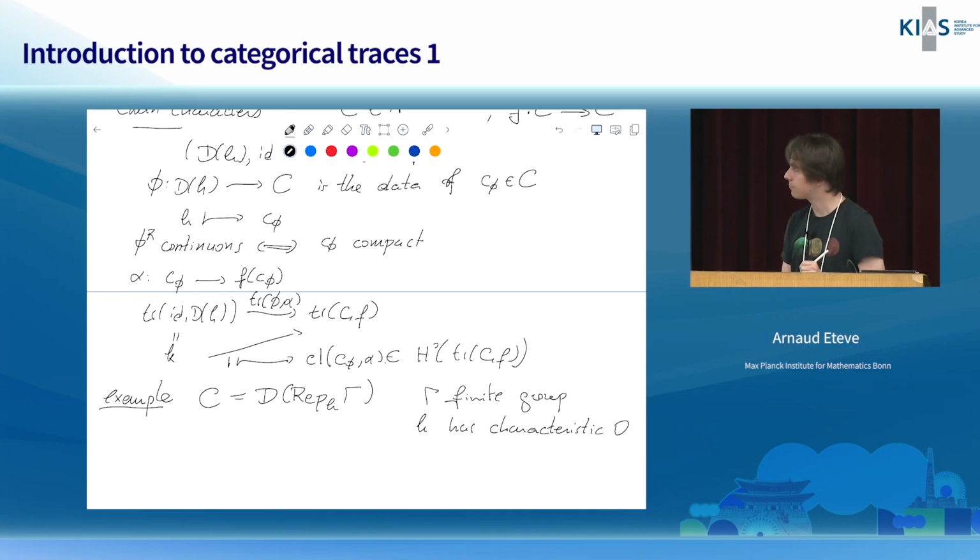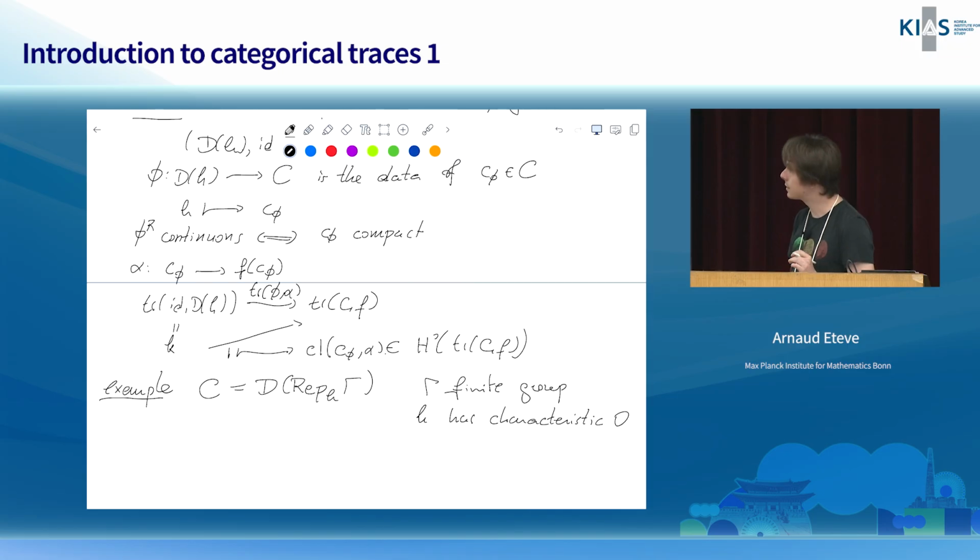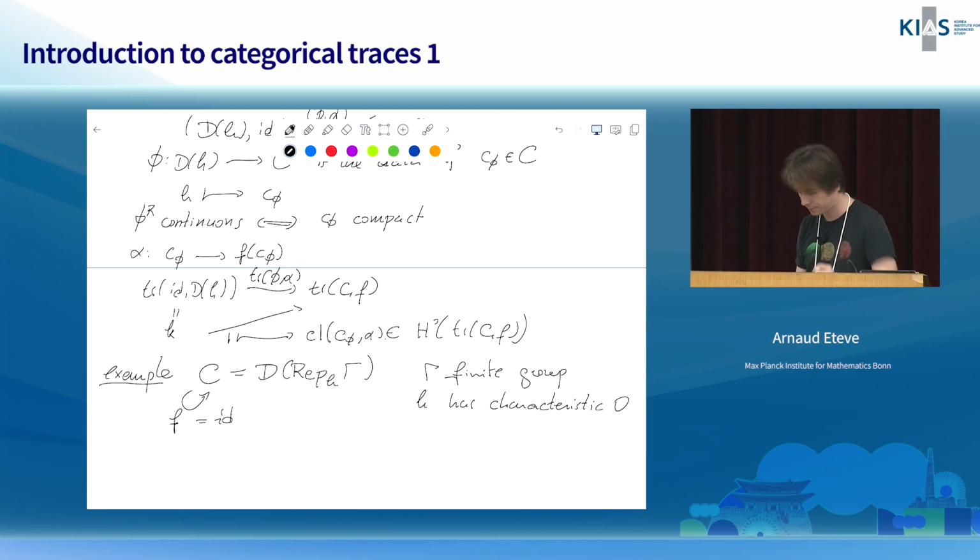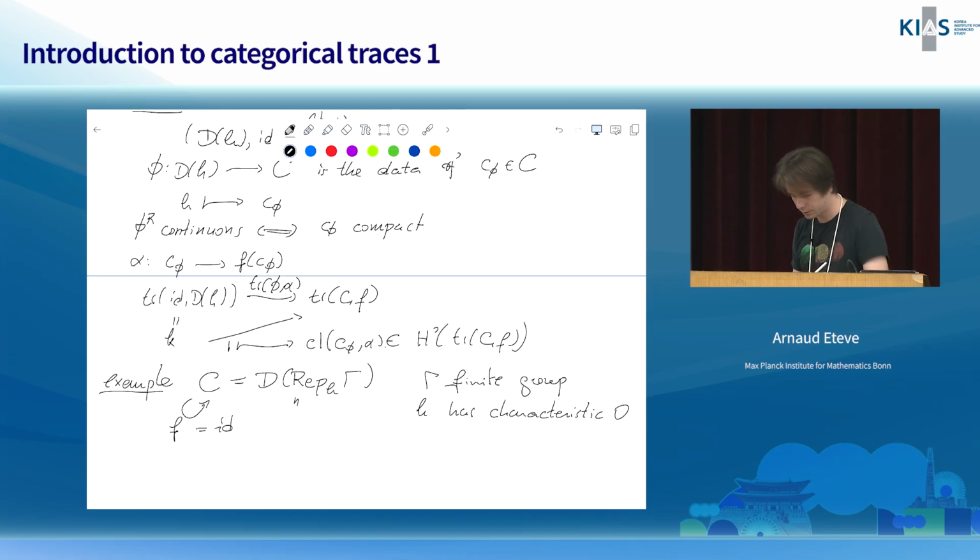So in particular, this category is semi-simple, and everything about it is very easy. And we'll take F here to be the identity. We can also rewrite this as the category of K[gamma]-modules.